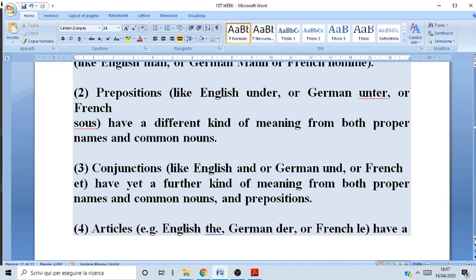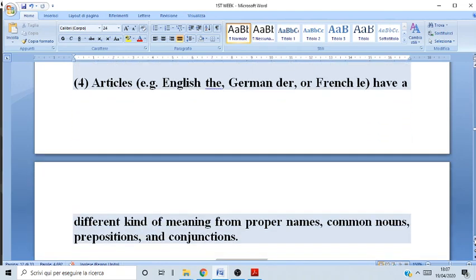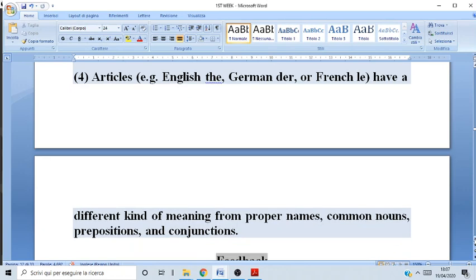Conjunctions, like English and, the German und, or the French et, have yet a further kind of meaning from proper names, common nouns, and prepositions. Articles, like the English the, the German der, and the French le, have a different kind of meaning from proper names, common nouns, prepositions, and conjunctions.